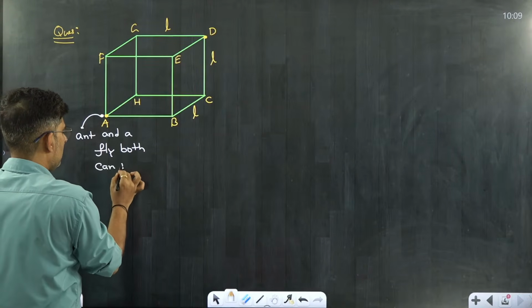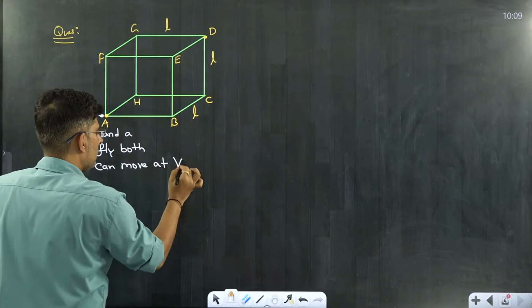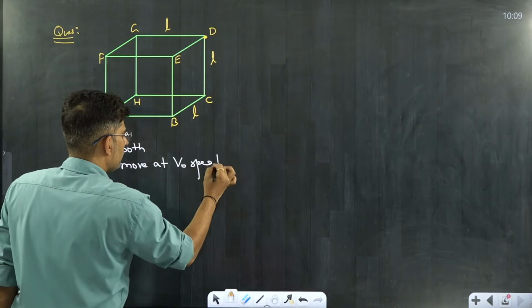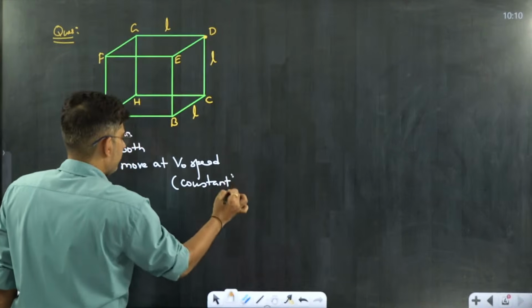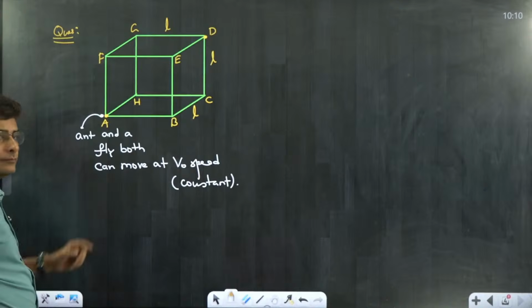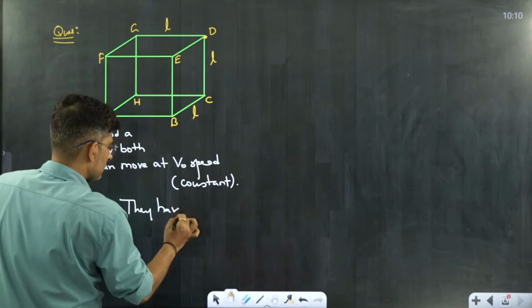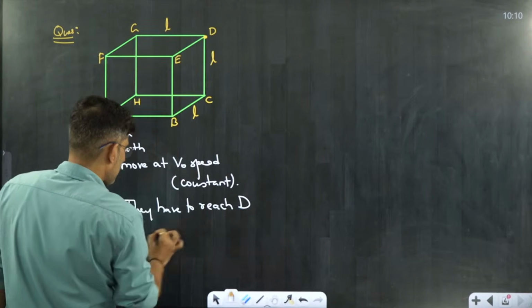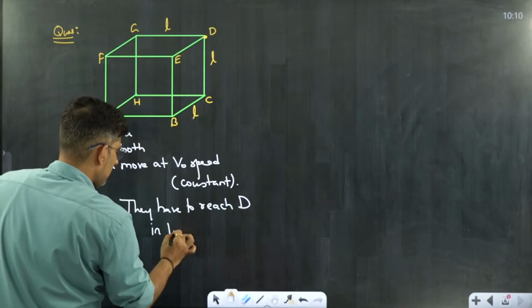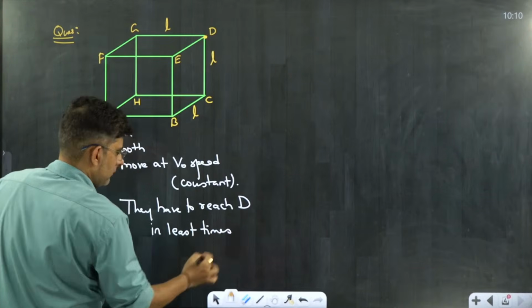Both can move at V naught speed, which is constant, maintaining a constant speed V naught. They have to reach the point D in the least time possible.